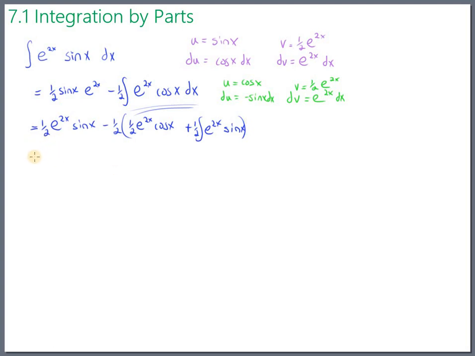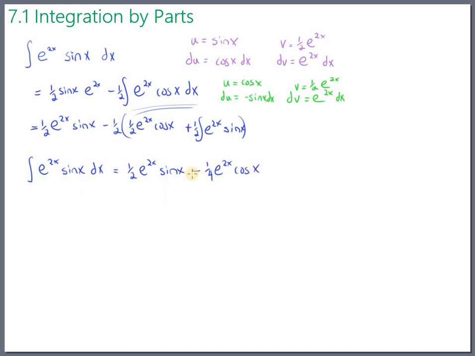So yeah, this looks like it's not getting any better. It looks like I could just keep doing this forever. But let me rewrite the whole thing from the very top. So I started with integrating e to the 2x sine x. And so far, what I know is that's equal to 1/2 e to the 2x sine x minus, and I guess I'll go ahead and distribute this 1/2, so minus 1/4 e to the 2x cosine x.